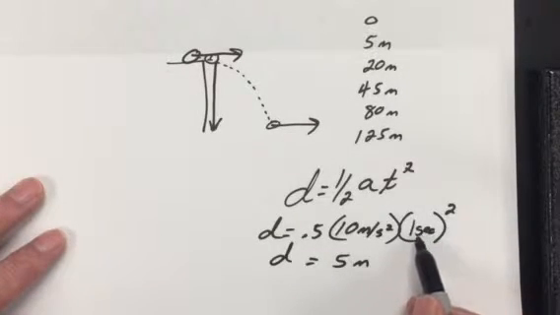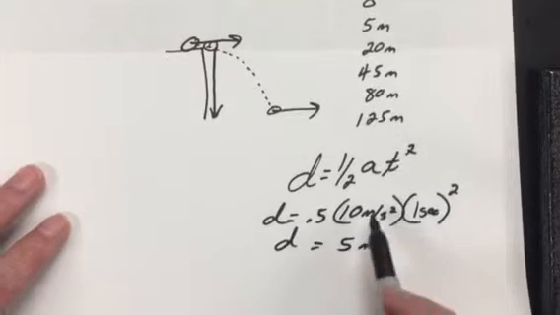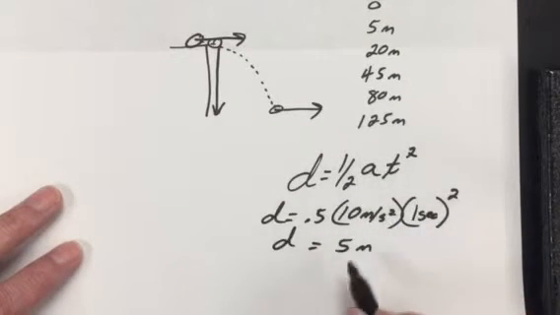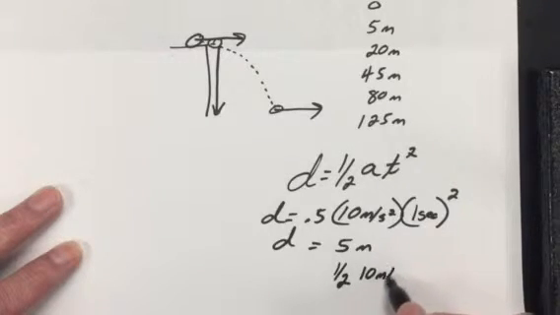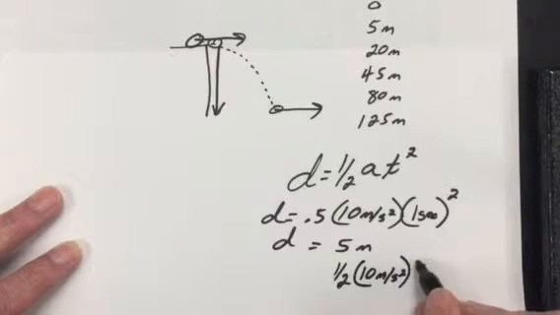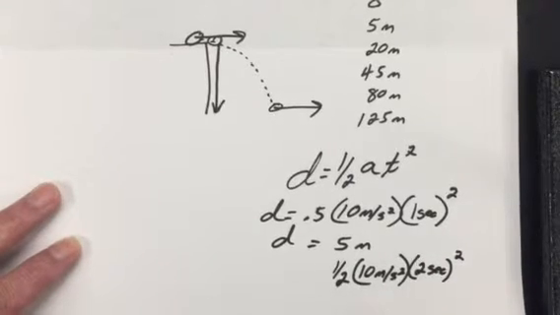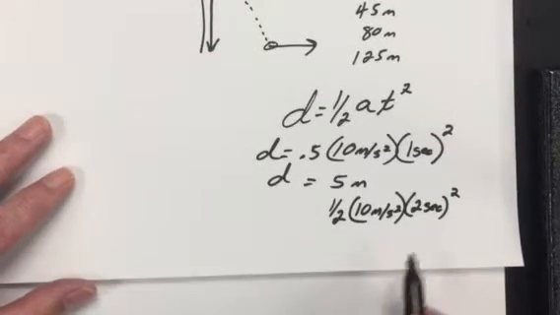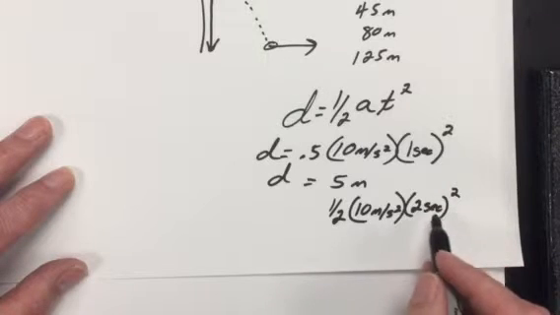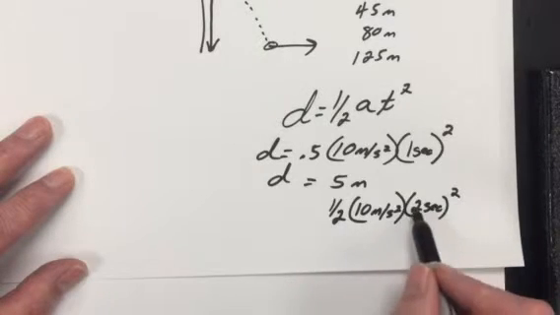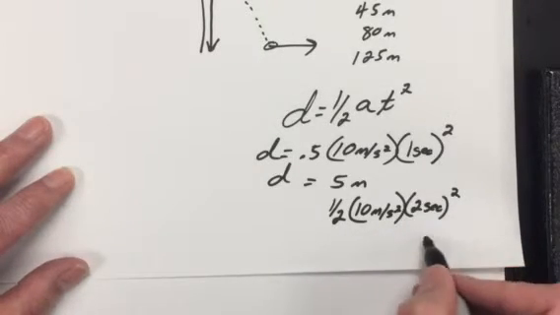Let's say that it has fallen for 2 seconds, and we're using the exact same formula. Okay. And so it's going to be 1/2 times the 10 meters per second squared for gravity times 2 seconds squared. So you've got 2 times 2, because it's squared, is 4.